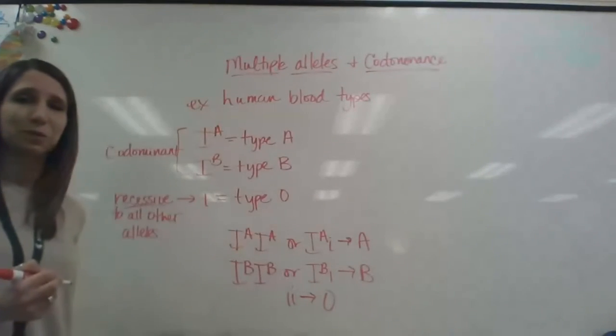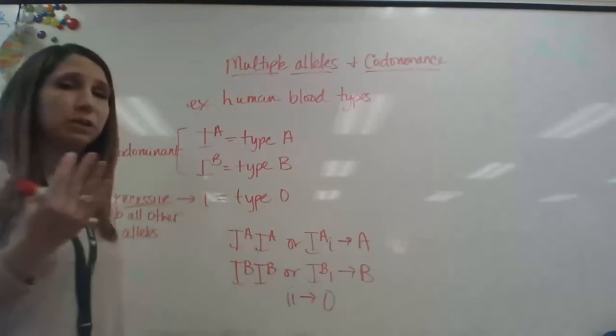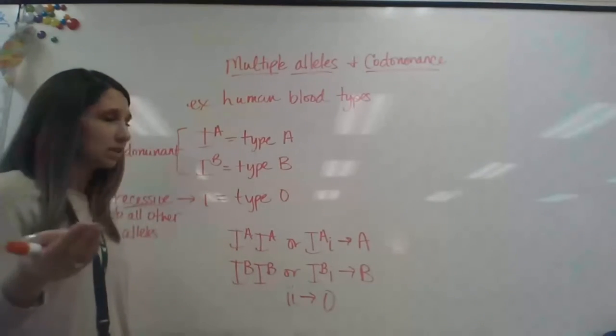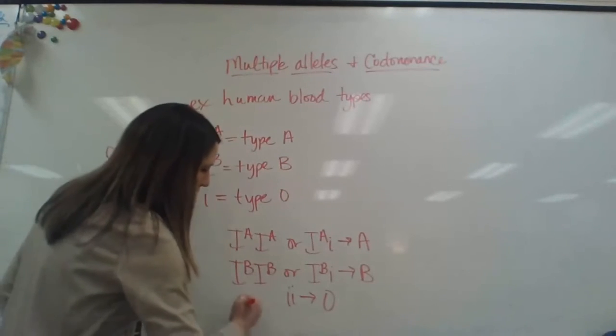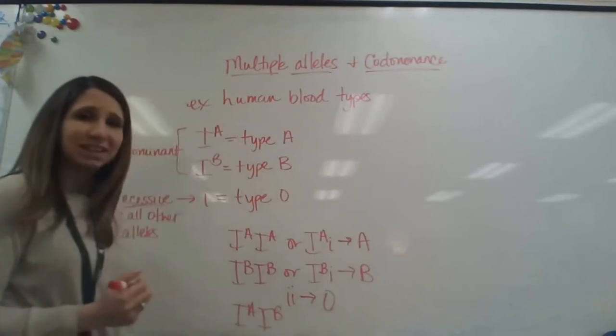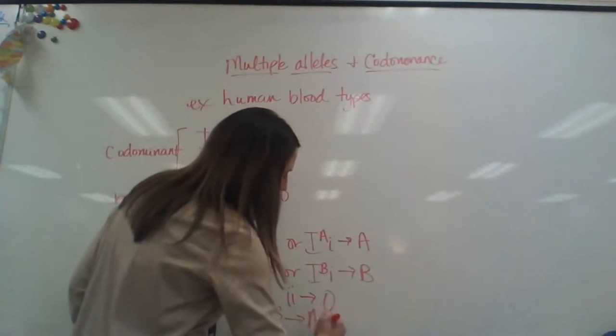That's kind of the simplest one. And then we have one additional option in blood type. Remember I said we have 4, which is that we have some individuals that are type AB. And so that's where the codominance piece comes in. So if you have someone who's AB, what that means is that they have both the A allele and the B allele, and together that creates blood type AB.